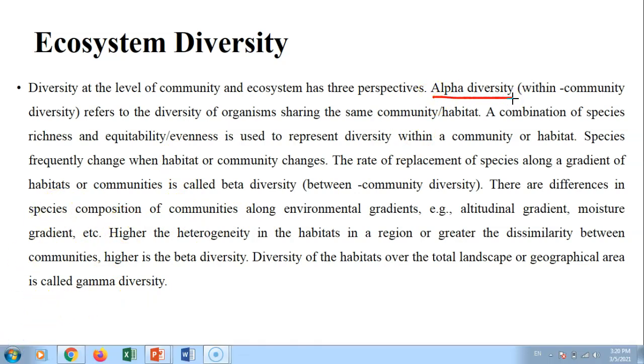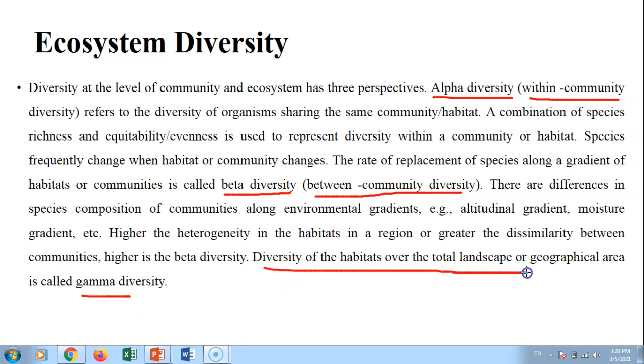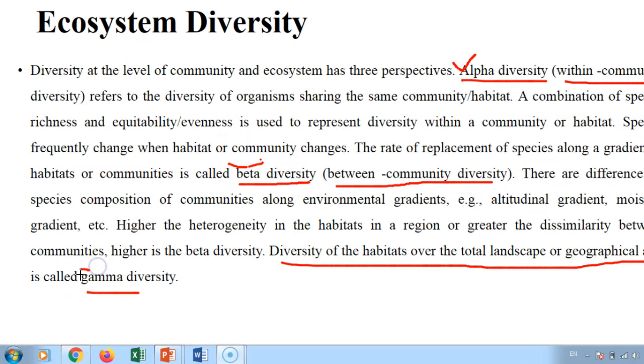Alpha diversity, within community diversity; beta diversity, between community diversity; and third, gamma diversity, the diversity of habitats over the total landscape or geographical area.